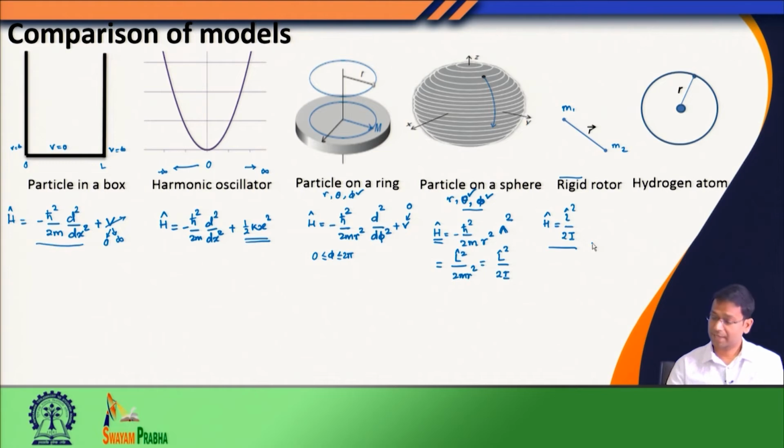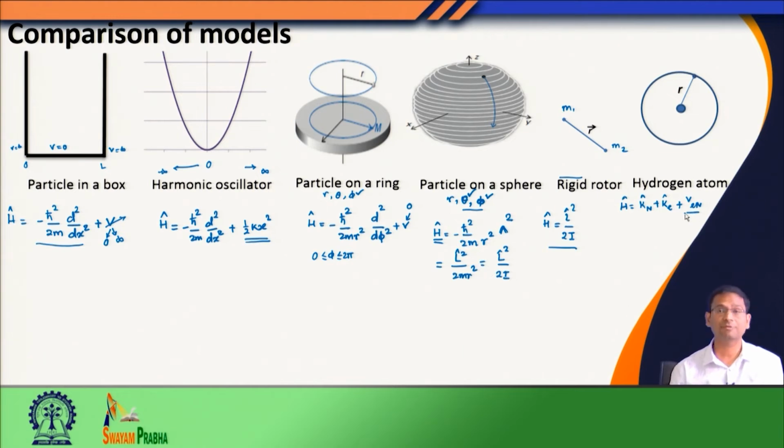At the end, we came to the hydrogen atom, where the Hamiltonian had, of course, the kinetic energy of the nucleus plus the kinetic energy of the electron plus the potential energy of the electron and nucleus, which is an attractive interaction between the electron and the nucleus, because electron and nucleus have opposite charges.